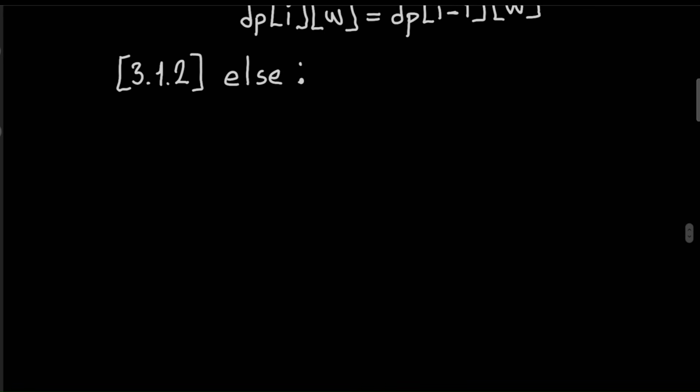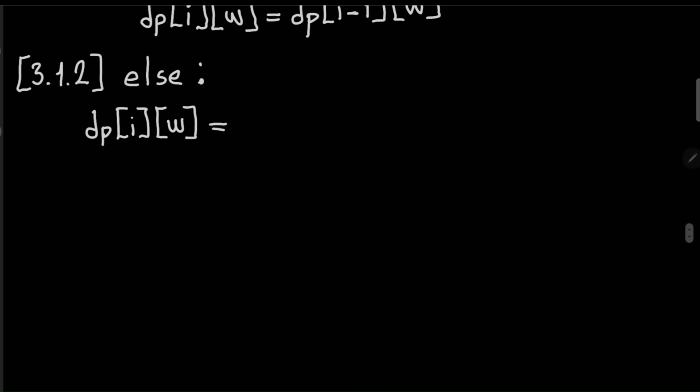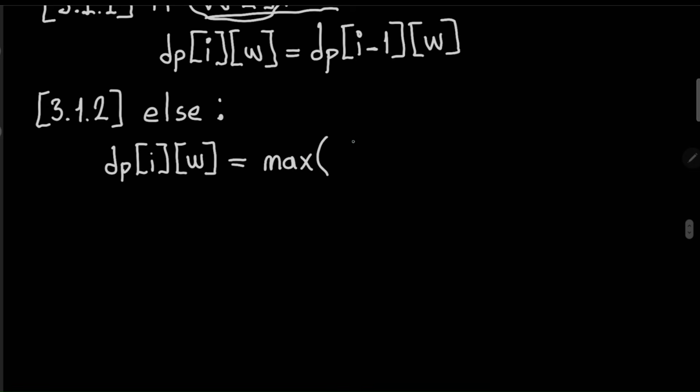So actually what we will do is we will take the maximum. Let's write it first. The previous row value is dp. Let's write it in different colors so that we can understand it better. This is the previous row in the same capacity.